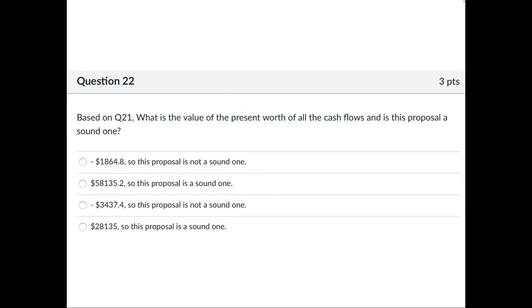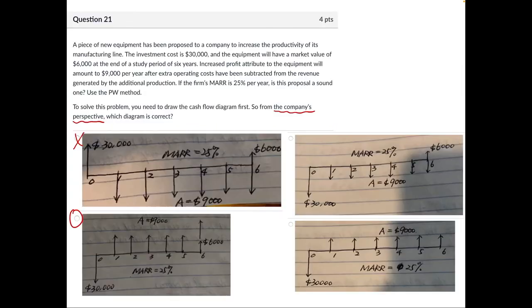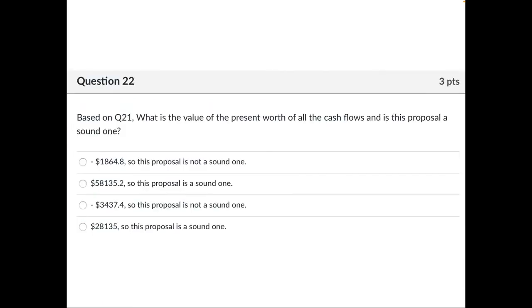Based on this diagram, what is the value of the present worth of all the cash flows? So this is also a multiple cash flow problem, right? You just need to convert the 3 parts, this present value, this positive annuity, and this positive future value back to the present time. You need to write down on your scratch paper, you have to calculate the P0, and it has 3 parts.